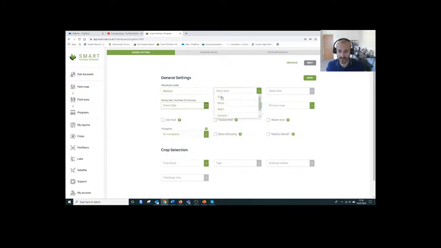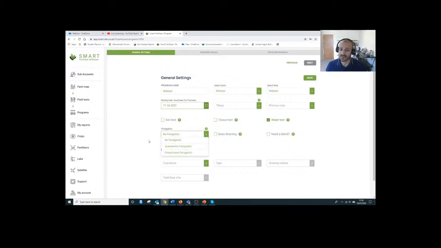You select the farm, webinar, planting date, let's say tomorrow. In this case, you can also choose a tillage effect, whether you're using the plow or not, and a previous crop if you had one, but we're not going to go into this. If you have a soil test, a tissue test, or a water test, you have to tick these boxes.